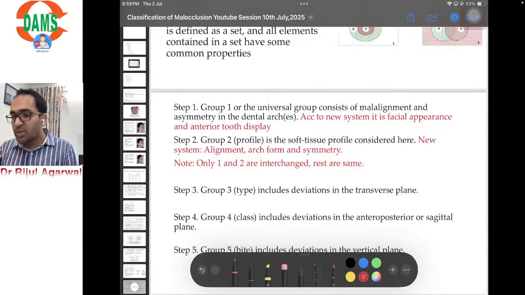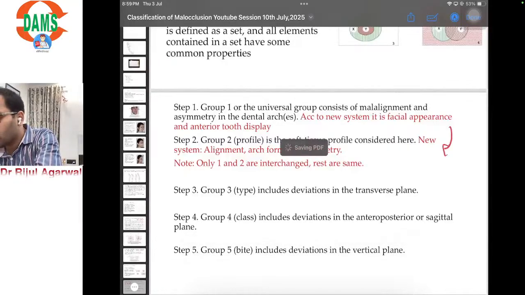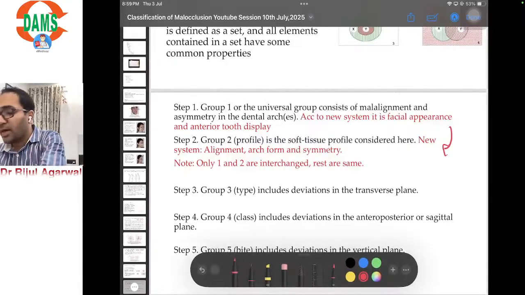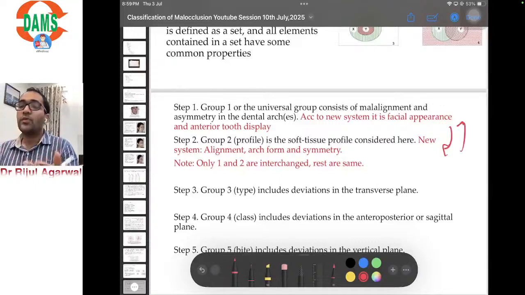In the newer, current system, these two are interchanged. That is, profile or soft tissue appearance is group 1 and group 2 is alignment and asymmetry of the arches. So if the question comes in the exam and they are not mentioning, then you have to answer according to the newer system, not the older one.